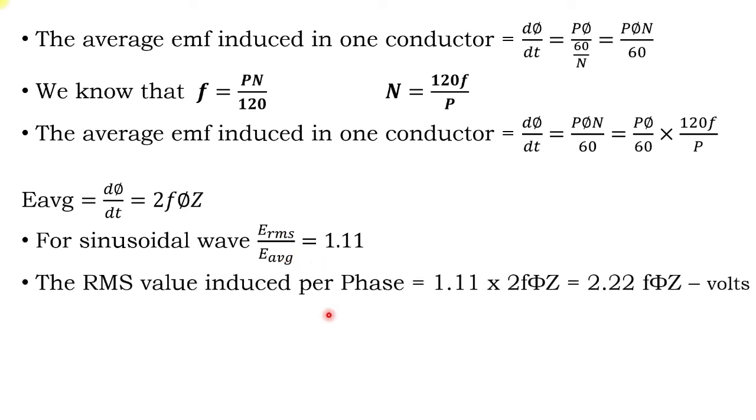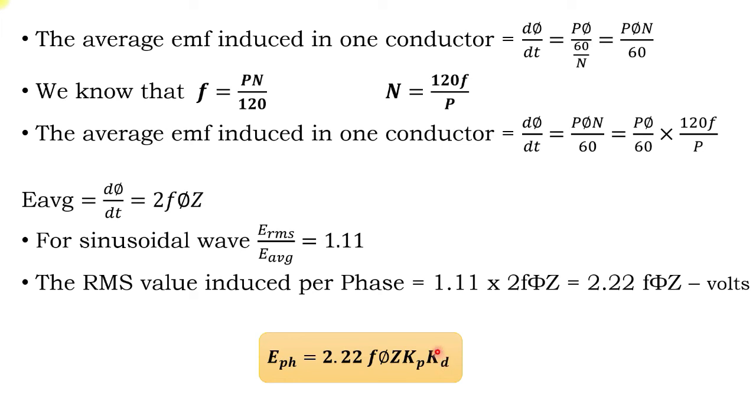Then the RMS EMF induced per phase is equal to 1.11 into 2φF by Z. After simplifying these terms, we get 2.22 φF by Z. Finally, the EMF induced per phase is 2.22 φF by Z.